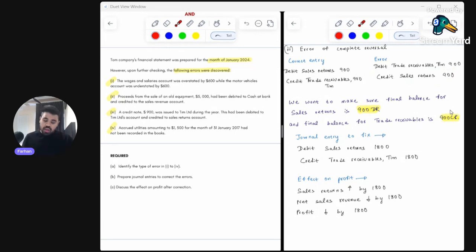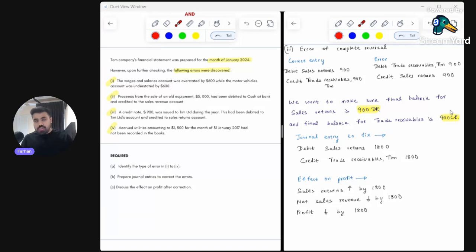All right. Now, how do we fix this? Based on the original transaction, we know that the sales returns amount was $900, and the reduction in the account for trade receivables Team should also be $900, right? Sales returns, when it increases, we end up debiting it.